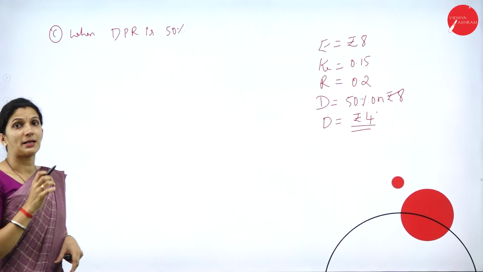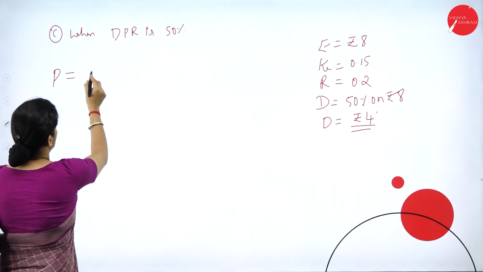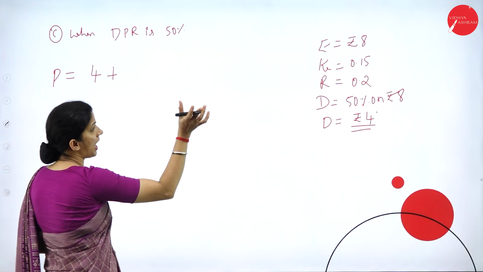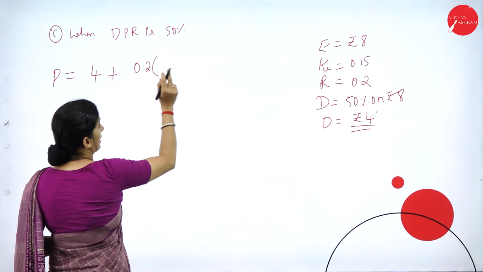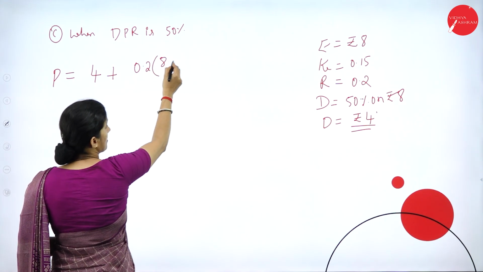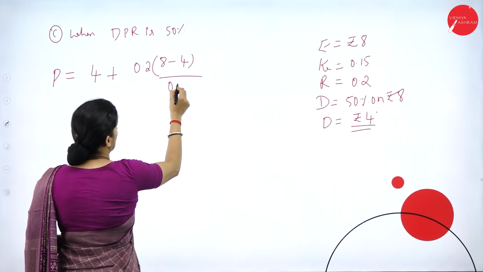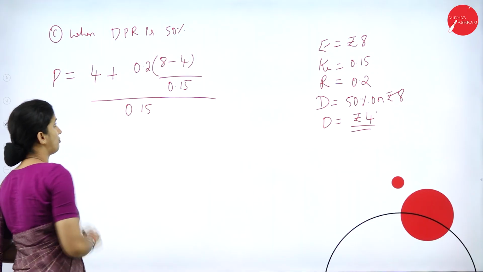So the same details we'll apply in the formula. P is equal to dividend, that is D, 4 plus. Next section is R, that is 0.2, into E minus D, that is 8 minus D, which is 4, divided by KE, 0.15, whole thing divided by 0.15.